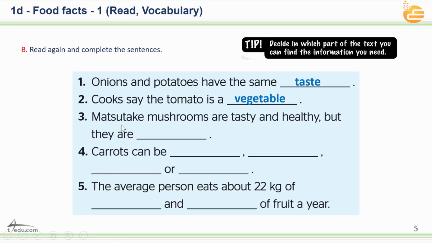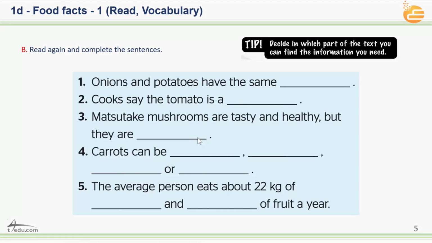Number three, matsutake mushrooms are tasty and healthy, but they are what? Matsutake mushrooms in Japan. We said people sometimes pay $2,000 for 1 kilogram of these mushrooms. So it is expensive, or you can say quite expensive. Exactly.